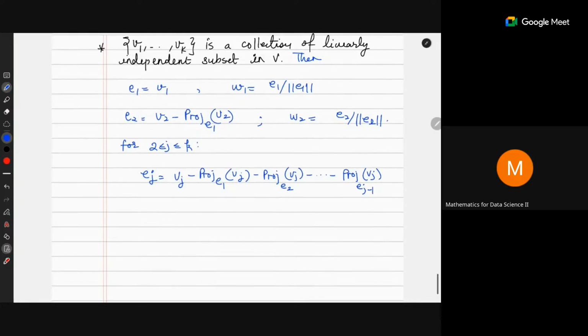All right. And my Wj will be defined as Ej divided by the norm of Ej.